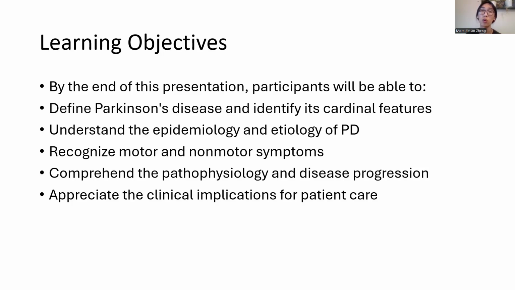We will explore both the obvious motor symptoms that most people associate with Parkinson's, as well as the often overlooked non-motor symptoms that can actually appear years before any movement problems.